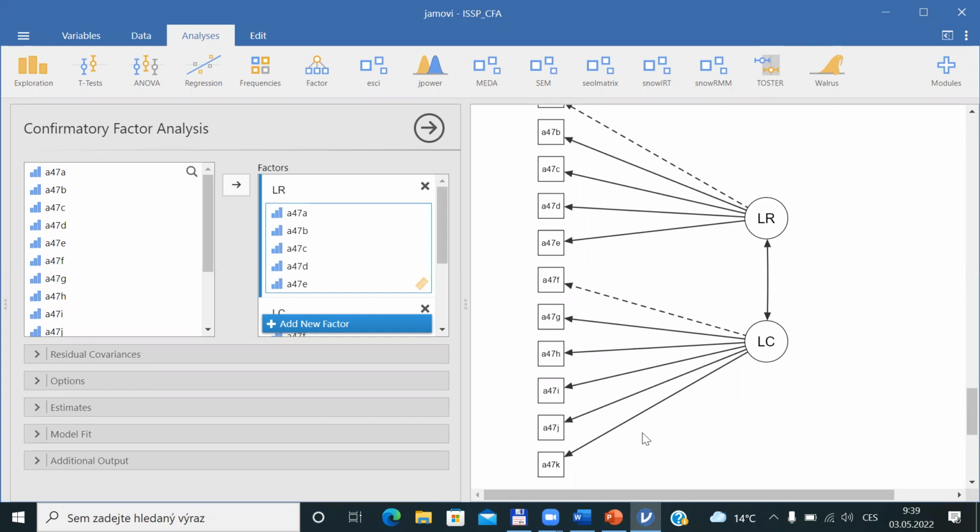But according to the theory, which is trying to divide these 11 items into 2 factors, we do not expect these cross loadings, and we have only 5 loadings from the first factor to the first 5 items, and then 6 to the next 6 items.